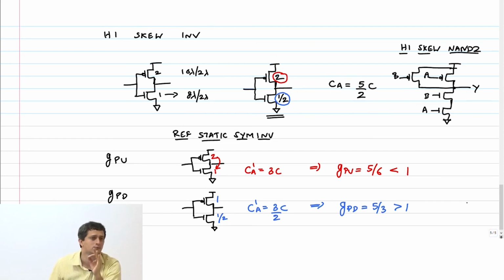I want it to be a high skew NAND. So the PMOS should be 2, right? You don't change that. This will be 2. What should be the NMOS sizes?